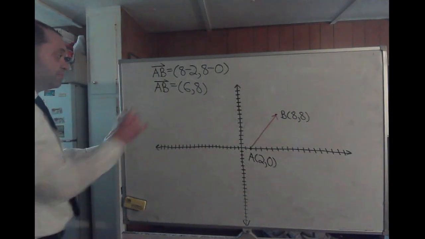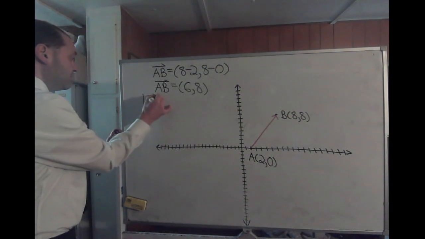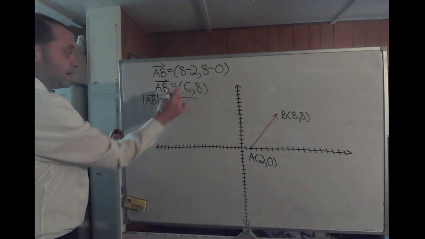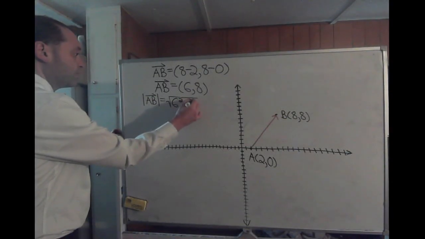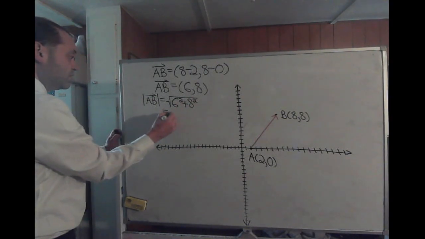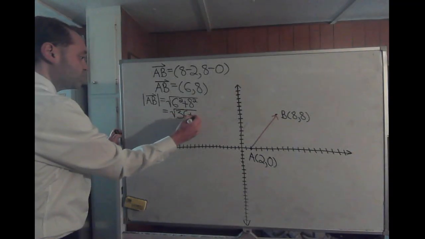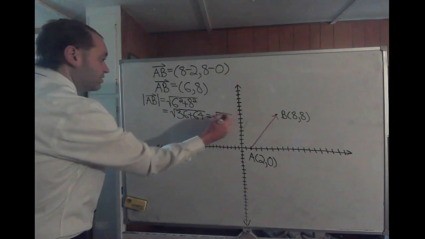Now we need to find the magnitude of vector AB, which can be done by taking the square root of the square of your x-coordinate plus the square of your y-coordinate of the vector, which is 6 squared, 36, plus 8 squared, 64. That would give you the square root of 100.